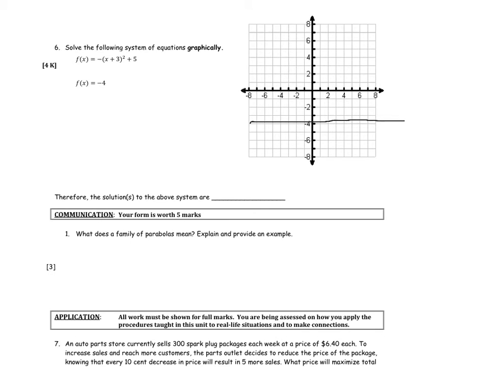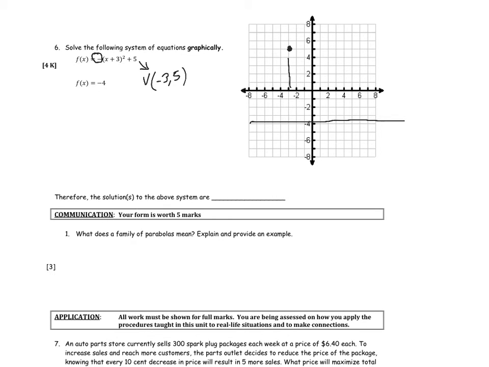Now for the quadratic, we can see that the vertex is at -3 and 5. So -3 and 5 is going to be a point. This is -3, so 5 is here, so it's going to be here. Now, since the leading coefficient is -1, it opens downward.